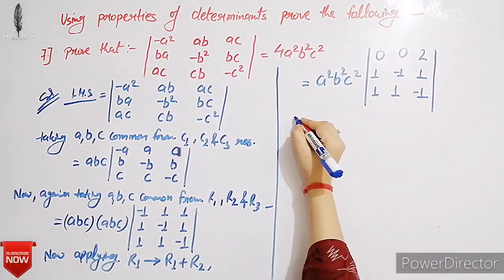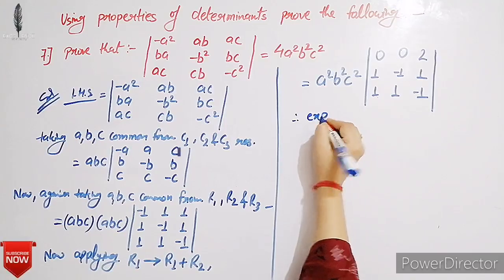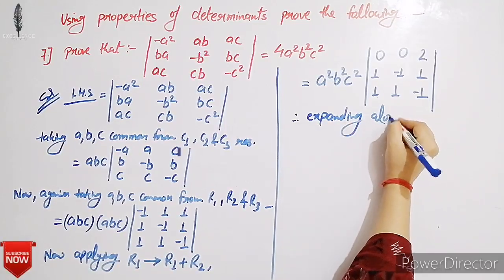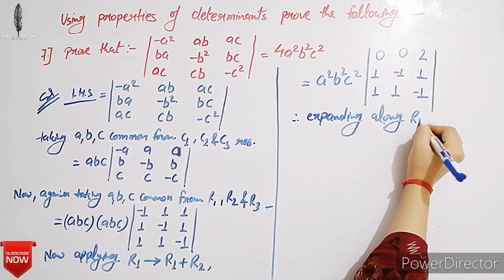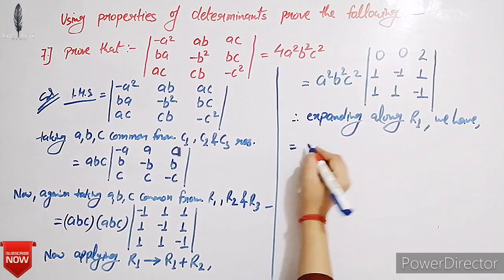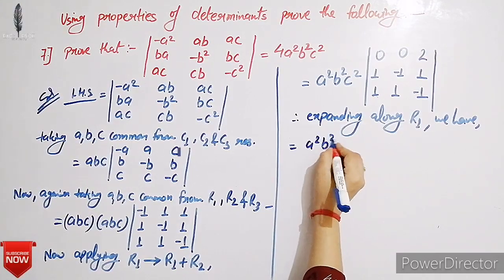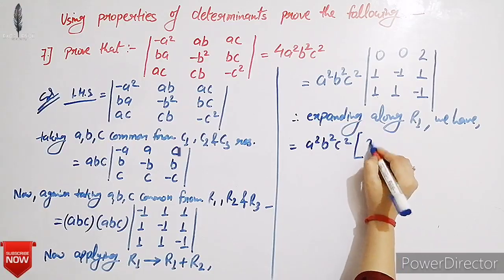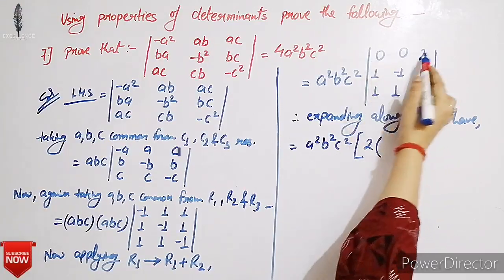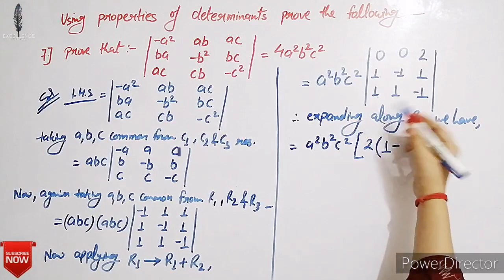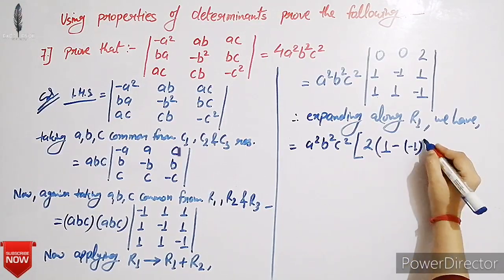Now here two entries are 0. So expanding along the first row, expanding along R1, then we get this equals to A square B square C square. Here 2 into this row-column block, then we get 1, minus 1.